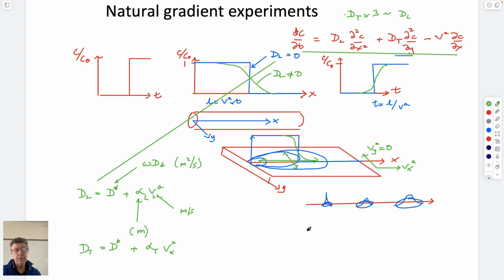And they ultimately end up going into the Peclet number, which is velocity times a length over dl, and a pore volume, which is a velocity times time over a length.